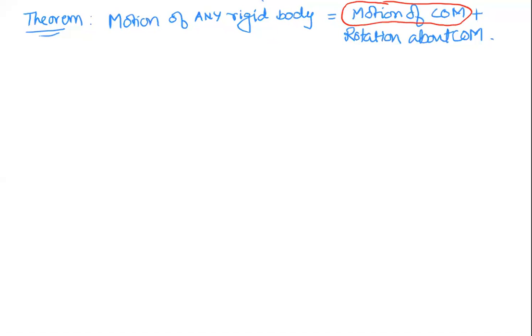So this temptation must be avoided whenever rotation is involved. As long as you're talking about translation of the center of mass, there's no problem. You can always reduce the rigid body or the extended body to a point particle and study what is going to happen. But the moment I begin to talk about rotation of the object, then you can't do that. Then it will not make sense.